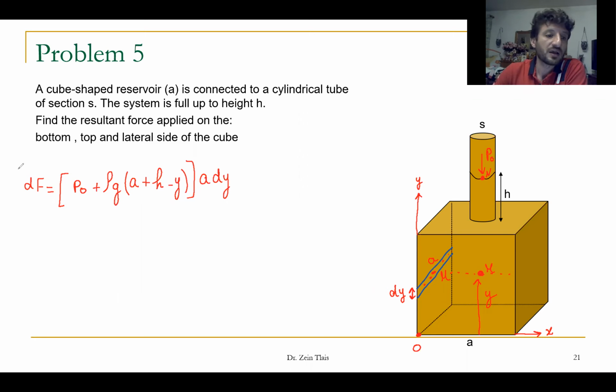Anyway, we have to calculate the integral of delta F and the integral of delta y. You know, y will be from 0 to a, from this point 0 to the point equals a, which is a variable.